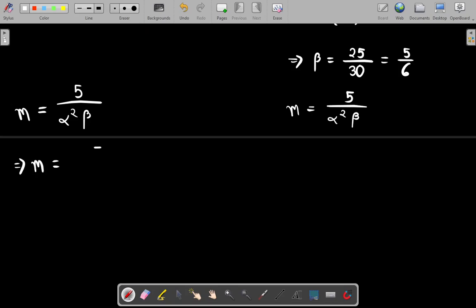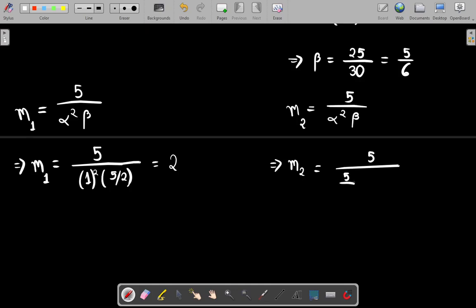So we get the value of m in the first case. Let's say this is m1, and this is m2. Okay, alpha is 1 and beta in the first case was 5 upon 2, I believe. Yes, 5 upon 2. So this 5 and this 5 will cancel each other, and this 2 will go to the numerator, so this becomes 2. And in this case m2, 5 upon 5 upon 3 whole square times 5 upon 6.